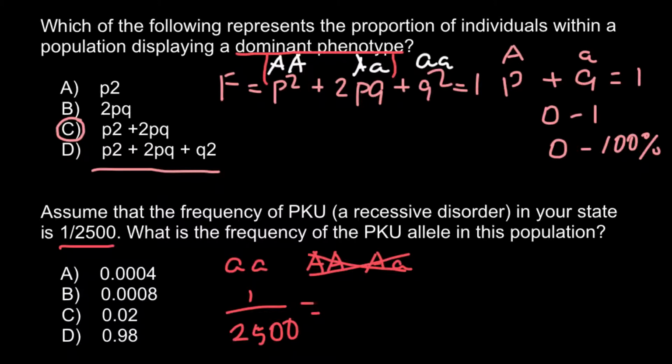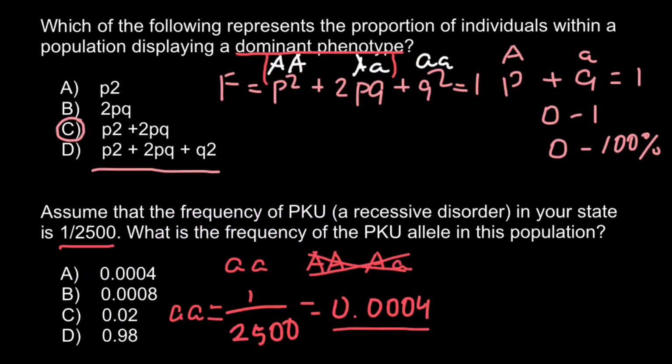So now we have it in fraction form, and if we divide 1 by 2,500, we get the answer 0.0004. But this is not answer A. Actually, this number is the frequency of the homozygous recessive genotype, so in our formula we can find it here.